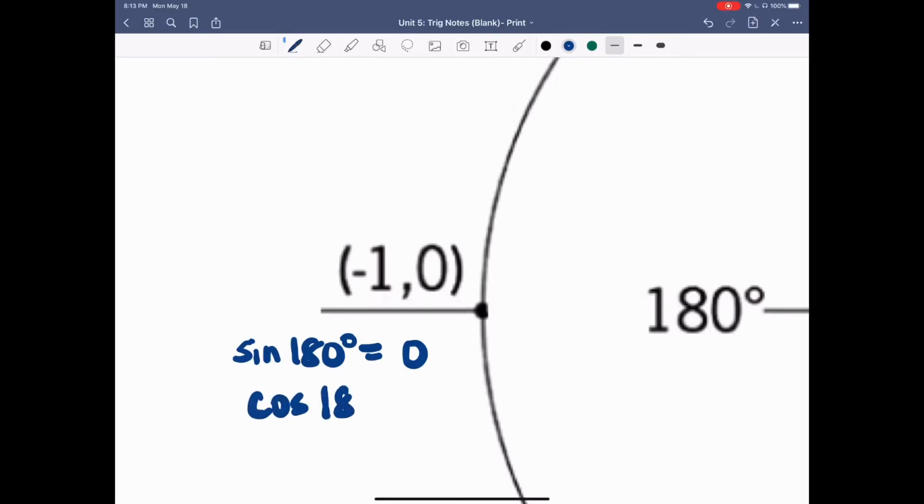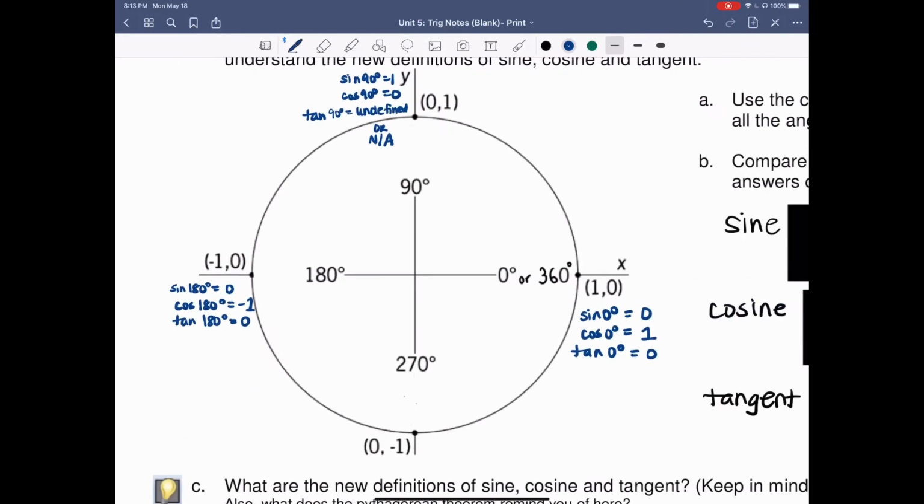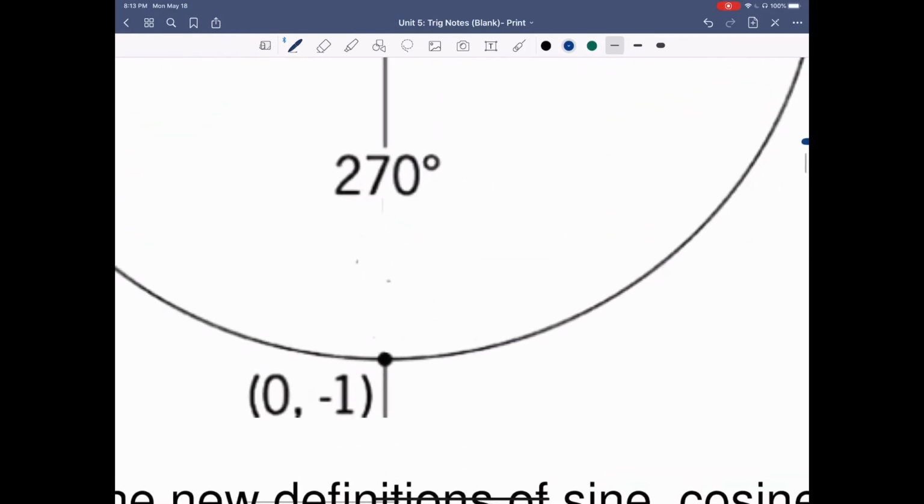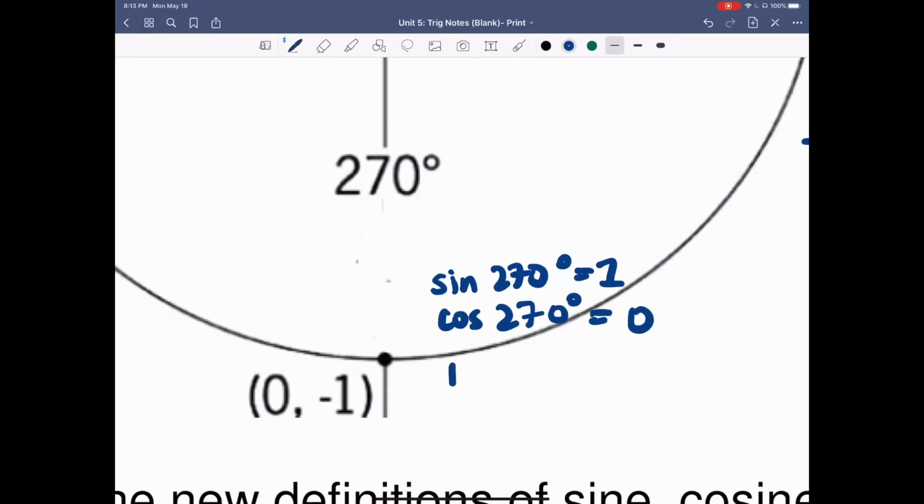Cos of 180 degrees is equal to negative 1. Tan of 180 degrees is equal to 0. Next, 0, negative 1. Sine of 270 degrees is equal to negative 1. Cos of 270 degrees is equal to 0. Tan of 270 degrees is equal to undefined.